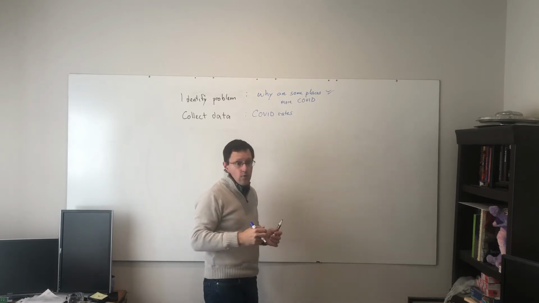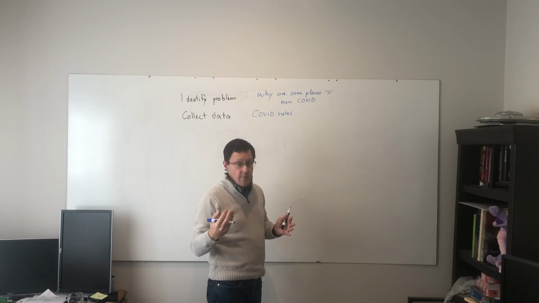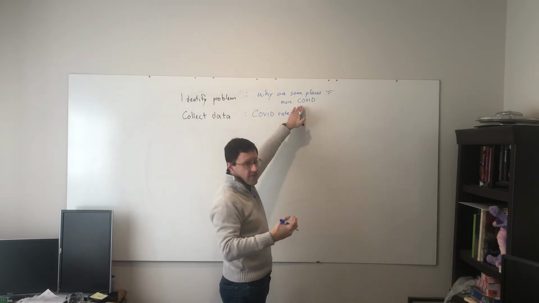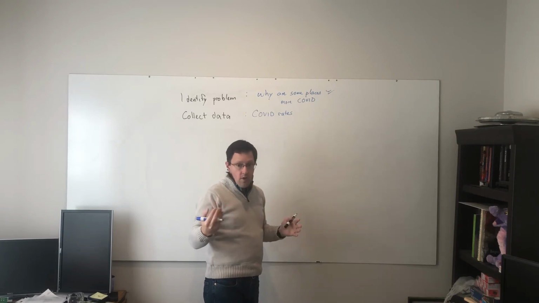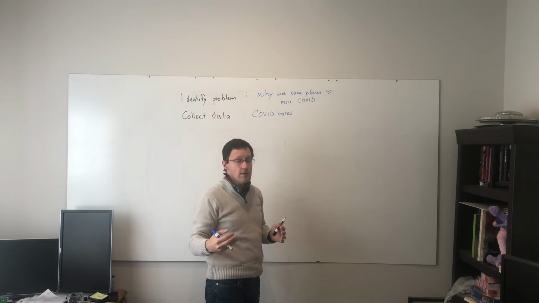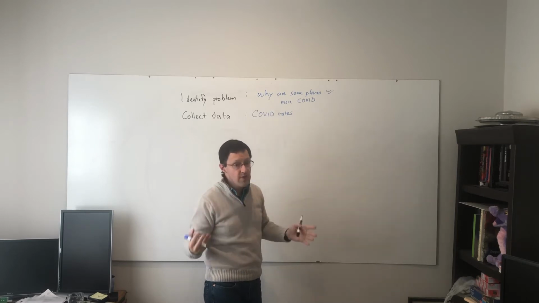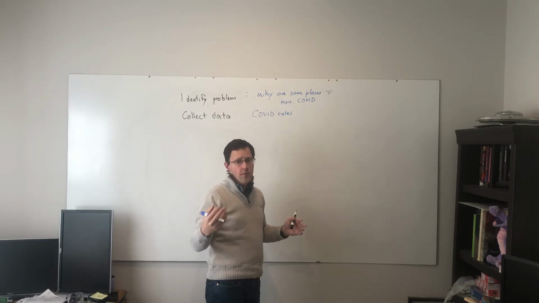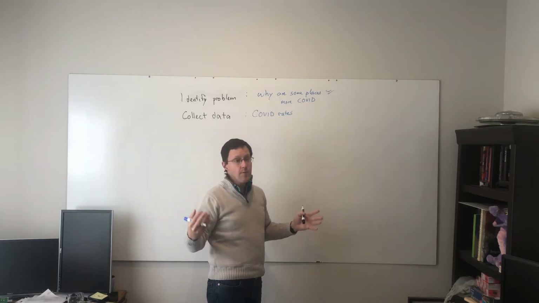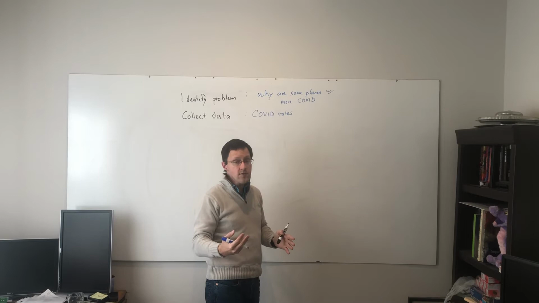We would also want to have some information on things that can affect the rate of COVID. In many cases, this is where we would draw upon knowledge from things we've done before, from other people, getting a greater background knowledge.